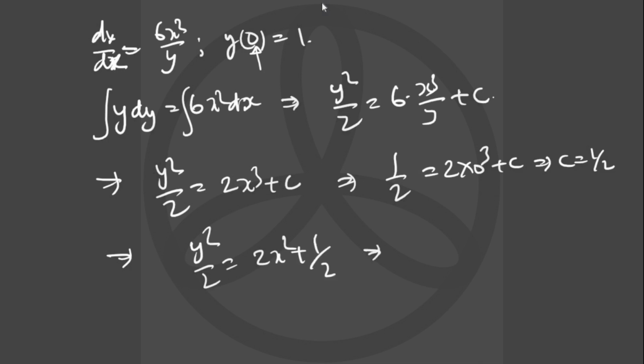Or we can do a little bit of tinkering and multiply the entire expression by 2, and we will get y square is equal to 4x square plus 1. This is not x square, but this is actually cube. So y square is equal to 4x cube plus 1 will be the answer.